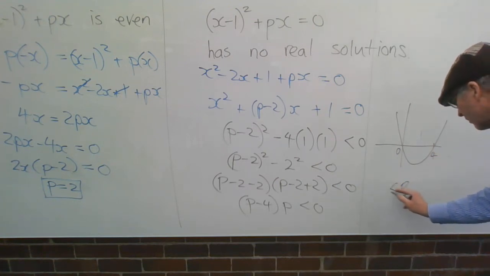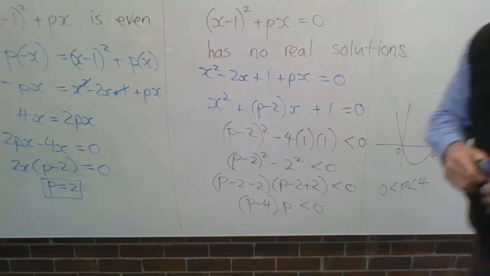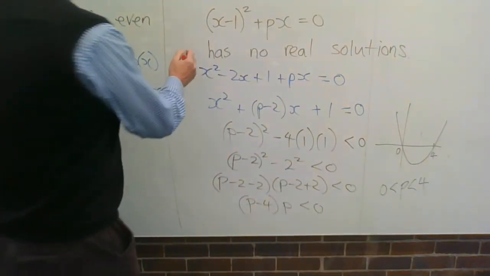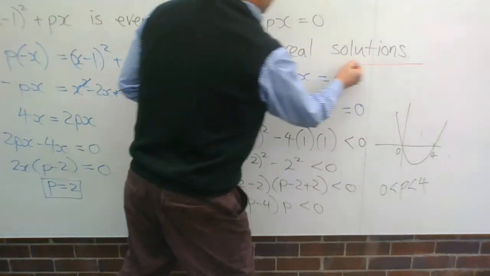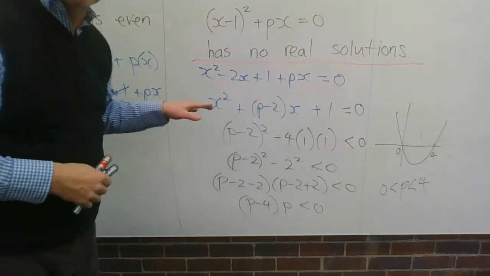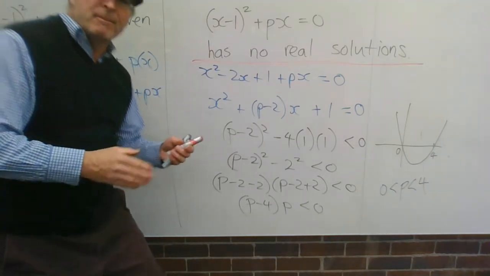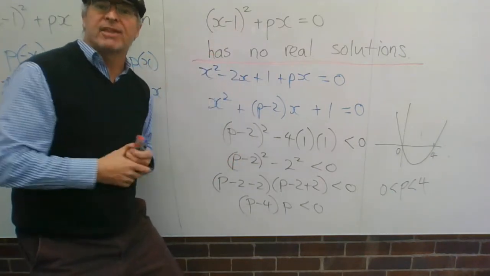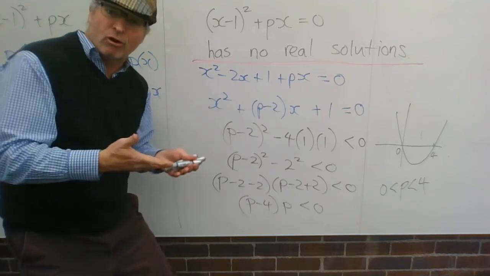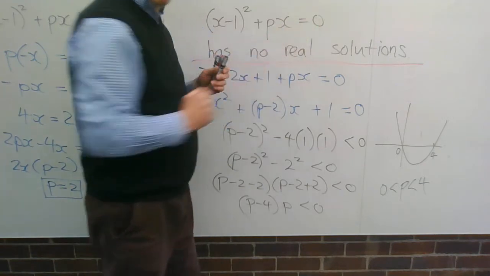P is somewhere between 0 and 4. So there's an answer to that question: find values of p for which the equation has no real solutions. I'm saying between 0 and 4. That means the parabola will be up above the axis between 0 and 4. It can't cross it, or it's got solutions to the parabola equaling 0.